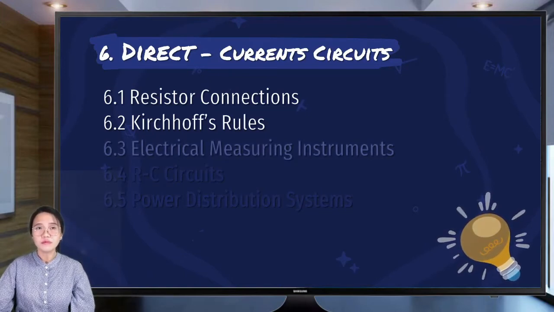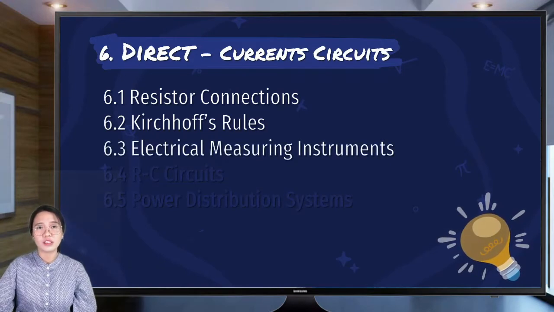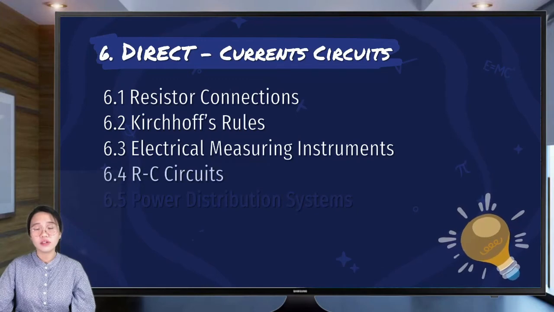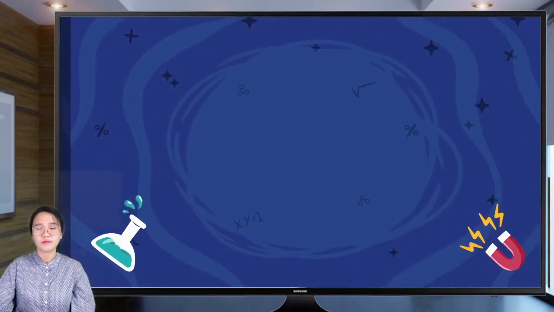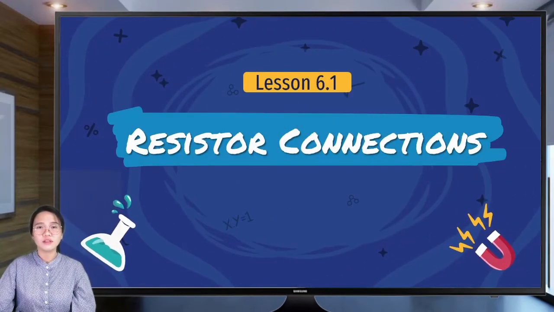Lesson 6.3 is electrical measuring instruments. Then the RC circuits, or the resistor-capacitor circuits. And lastly, the power distribution systems. This chapter will be concluded with more examples for the topics that we will have.